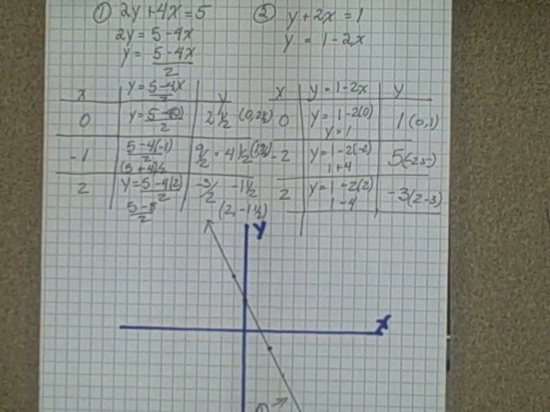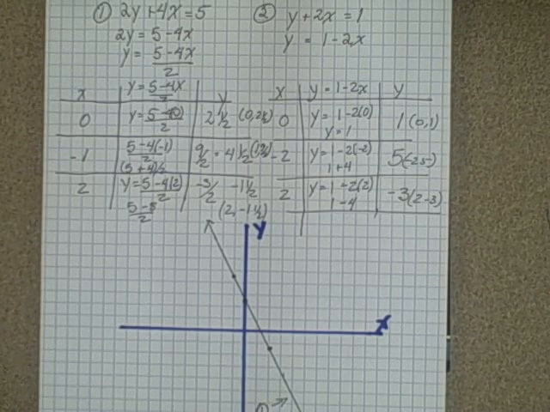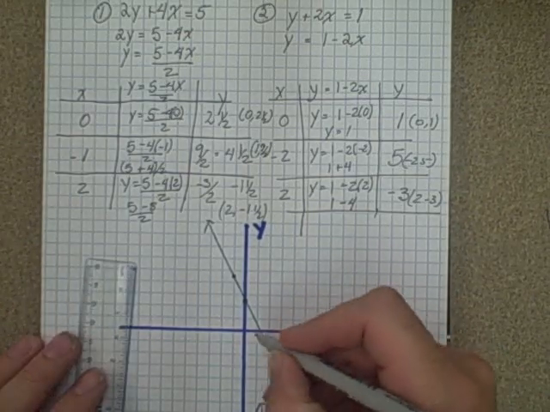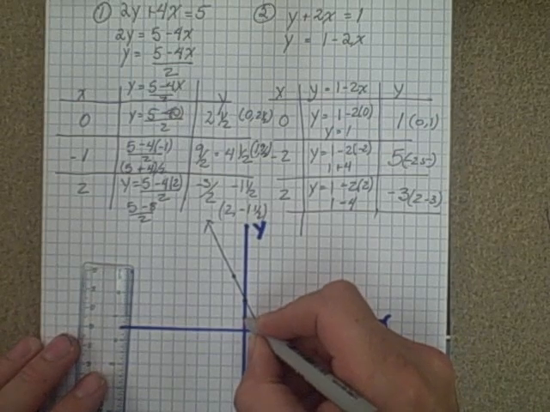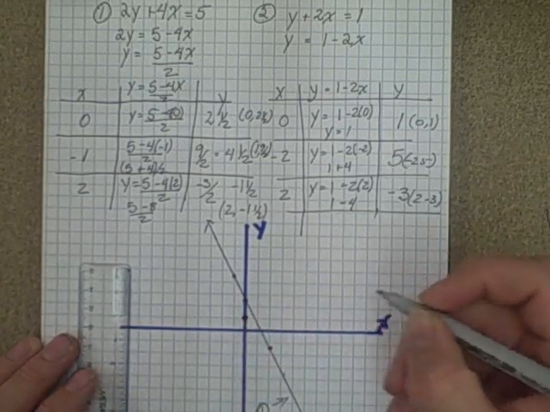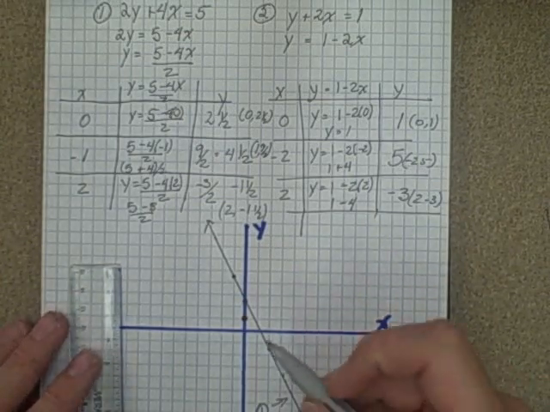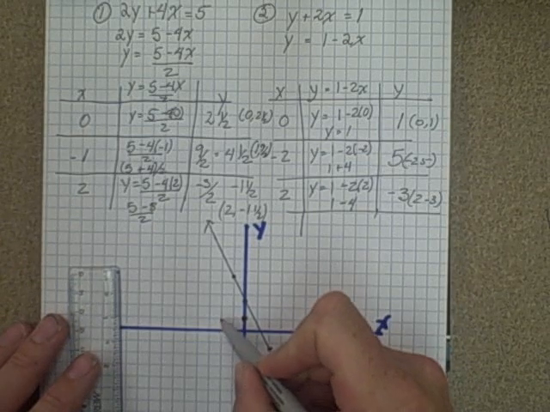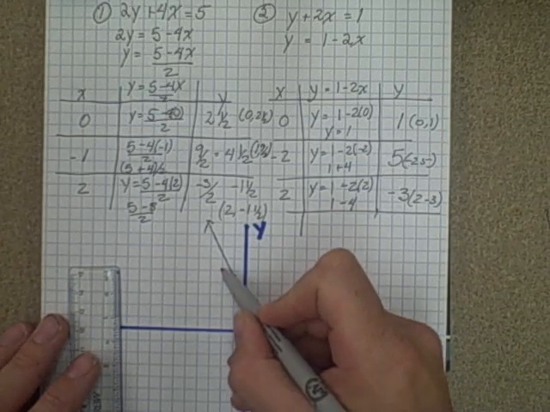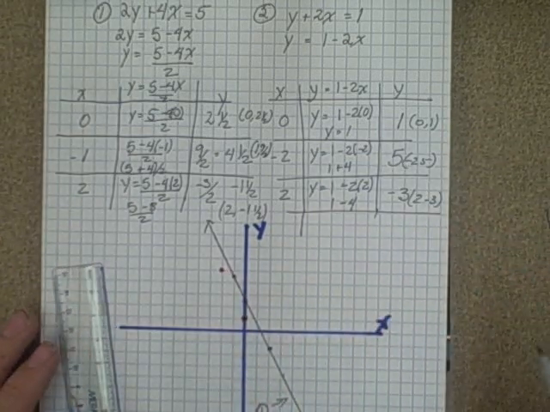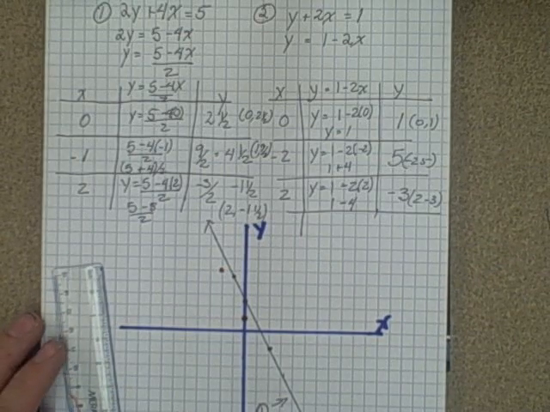Okay, I'm going to take the red marker again and do line 2. So 0, 1. Then I have negative 2 and 5, and then I have 2 and negative 3.